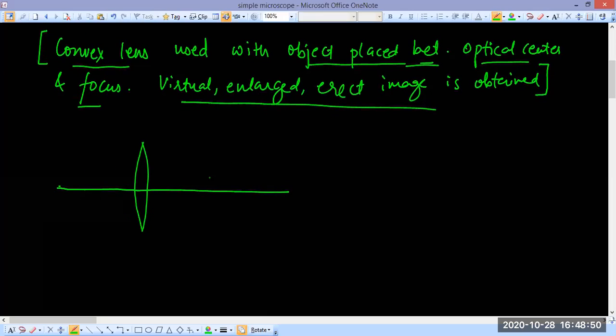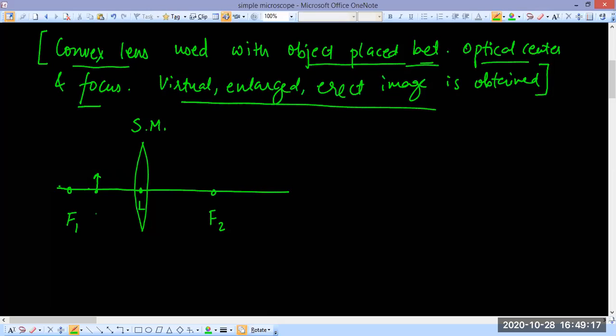So suppose that this is the simple microscope, I'm writing SM, and here is its first focus. Remember? First focus, second focus, and the object is placed somewhere between the optical center and this focus.